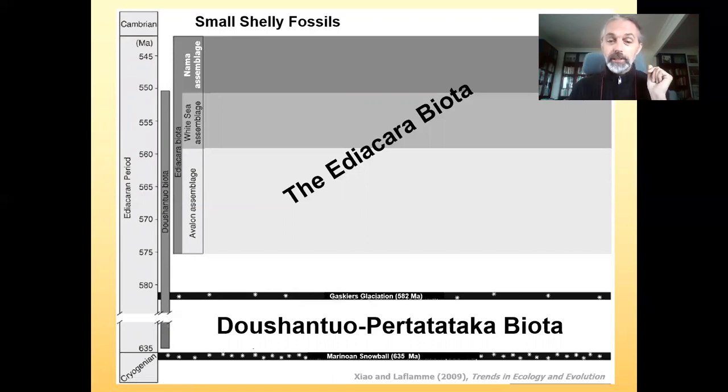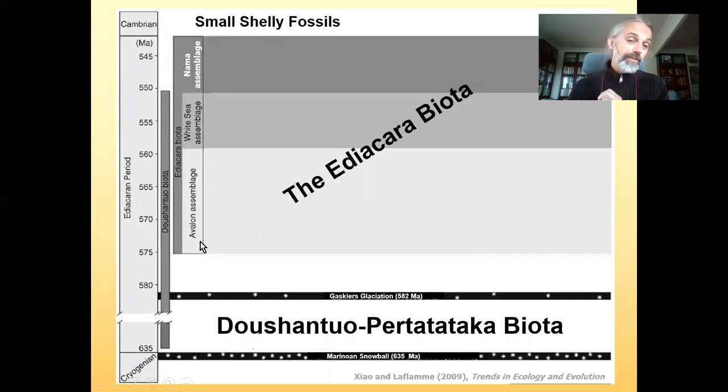In that period, the so-called Doushantuo-Pertatataka biota emerges. I promised you a difficult word. Those existed all the way through the Ediacaran, but they were the only creatures until 580 million years ago. Doushantuo is a formation in China, and the Pertatataka formation is in central Australia. So remember, this is not the Pertataka, it is the Pertatataka biota around Alice Springs.